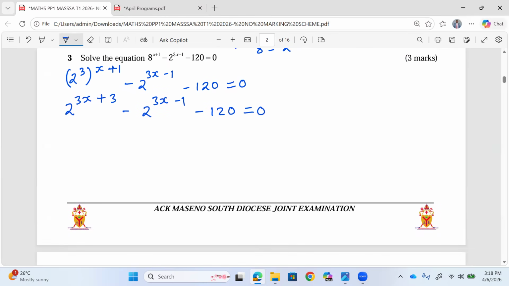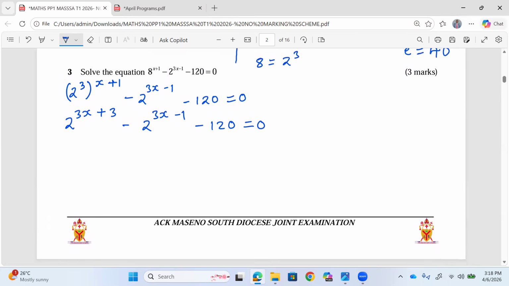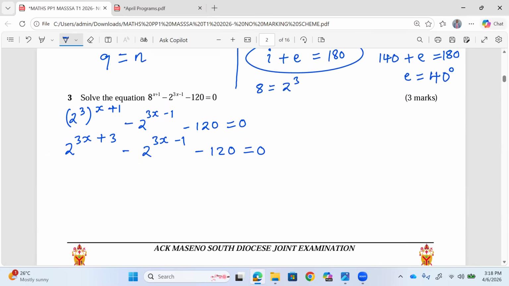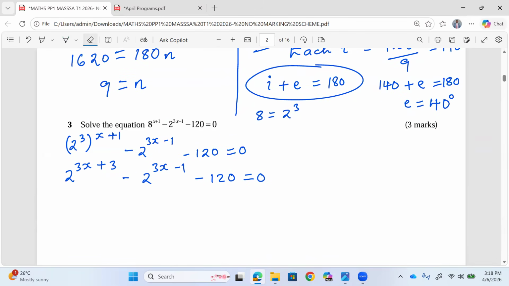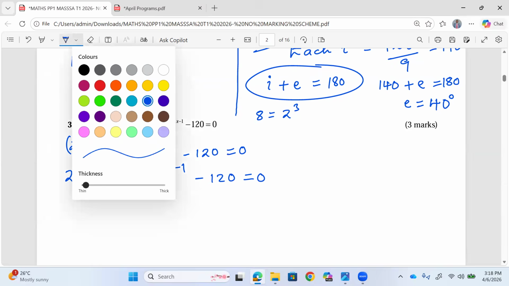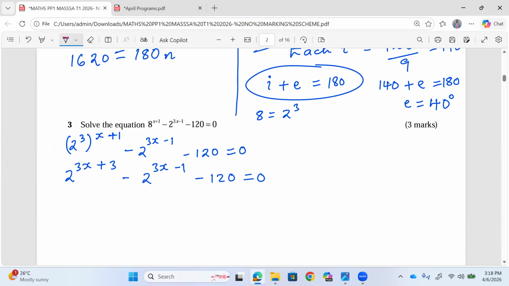At this point, ladies and gentlemen, allow me to apply the multiplication law and also the division law of indices. I'll write the two laws here. We're supposed to remember this: whenever we have a raised to a given power multiplied by the same base to a different power, we simply take the base and the two powers are added.